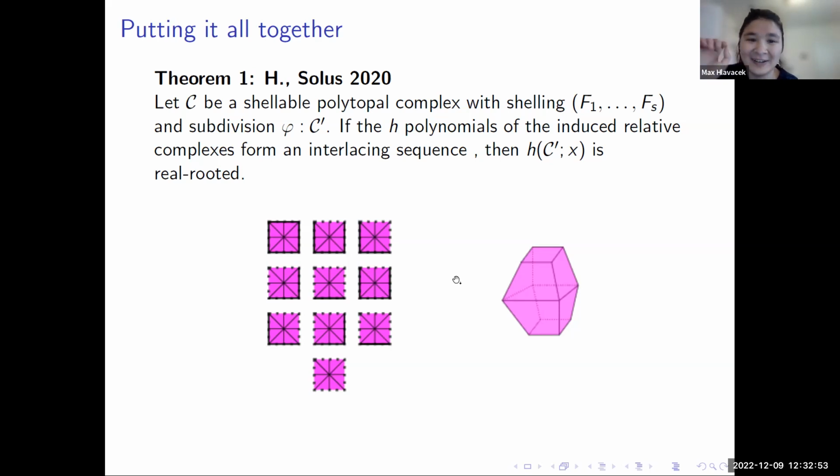So this is a very vague statement. I haven't told you what the polytopal complex is, I haven't told you what the subdivision is, but this is just saying if this works out, then we're all good. And so what we want to do is see if we can apply this general method to the specific case of the barycentric subdivision of cubical polytopes.